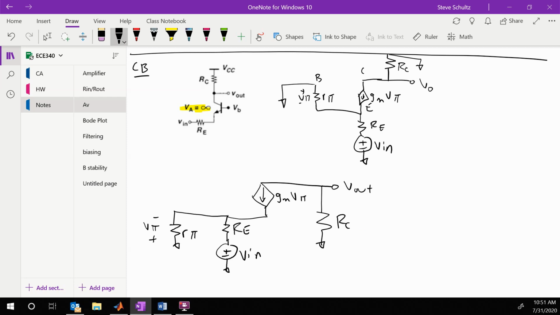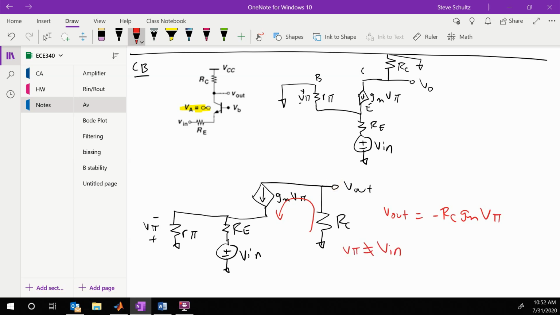Okay, so again, from before, we can see that I have a current loop that goes like this. So now my V out equals minus RC GM V pi. But in this case, V pi, again, is not equal to V in.